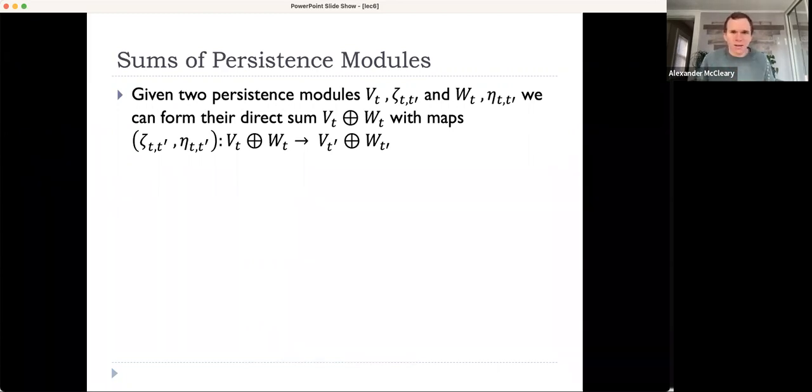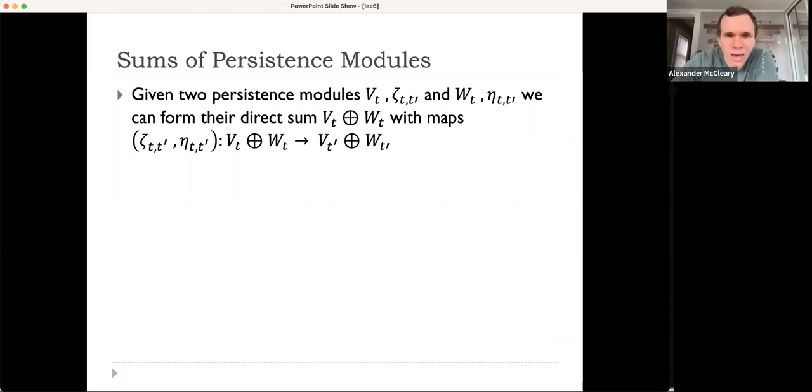So to add V and W here, it's just going to be the persistence module that at parameter t is the direct sum of VT and WT. That's still a vector space. And then, what are the linear maps? We're just going to use the linear maps coordinate-wise.